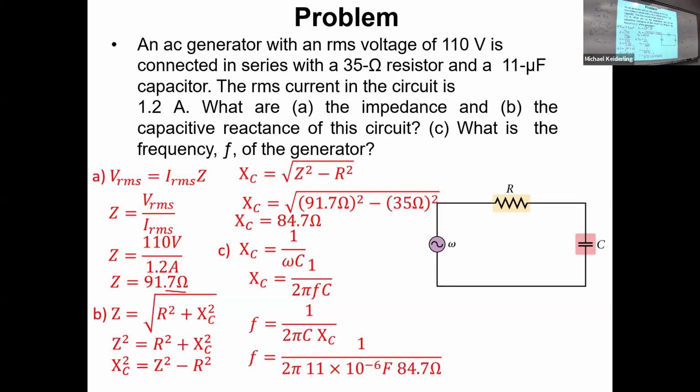Which comes out to, so 2 pi times 11 times 10 to the minus 6 farads times 84.7 ohms, which comes out to 171 hertz as the frequency.